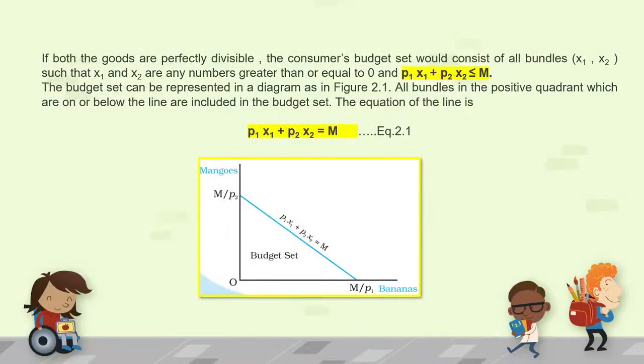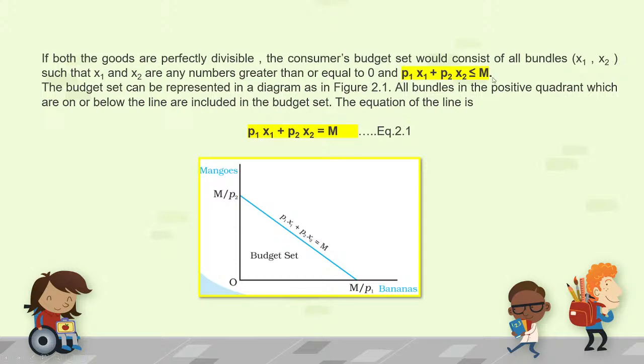Further, there is a little more we can add to this, which we will study in more detail in the further slides. If both the goods are perfectly divisible, then the consumer's budget set would consist of all the bundles. Suppose the two goods are x1 and x2, such that x1 and x2 are any numbers greater than or equal to 0.